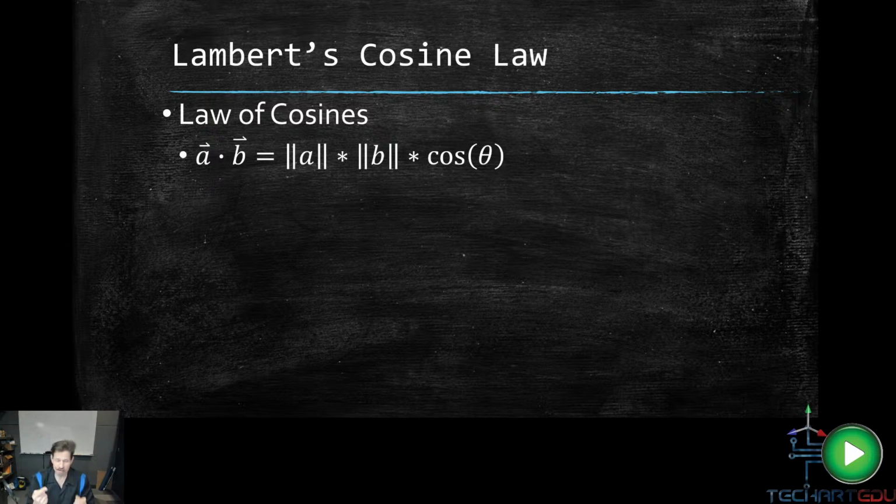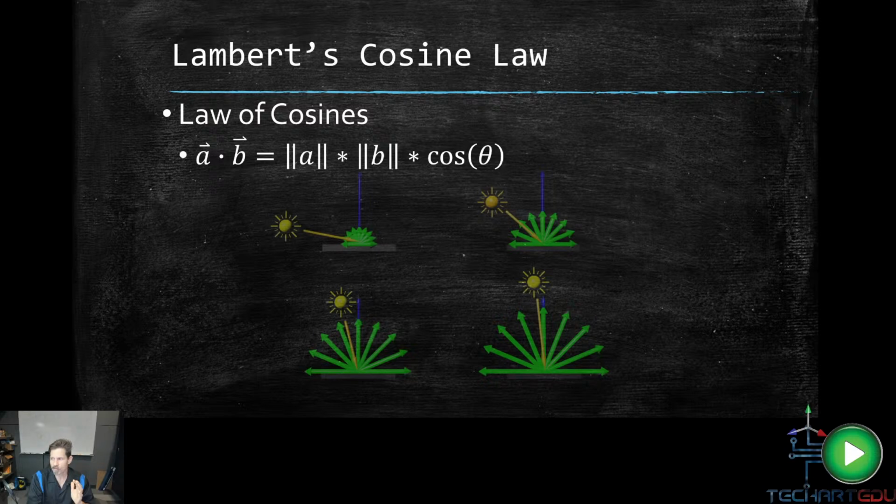Now, if A is unit length and B is unit length, in other words 1, then A dot B equals the cosine of the angle. You're going, okay, so what? Big deal. Well, actually, that's a huge deal. Take a look at this graph here. The sunlight is pointed at the surface, and the surface normal is pointing up.